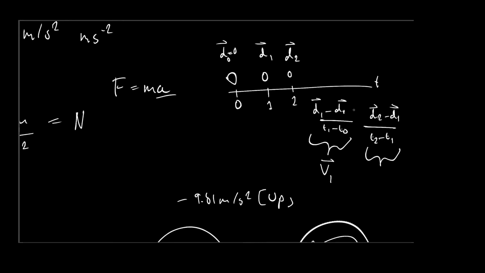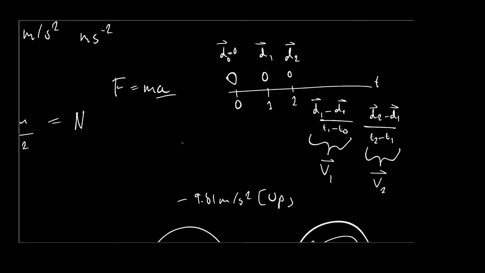And then this will also give us another velocity. We can call that v2. Because this object is accelerating, we know that v2 and v1 are not going to equal one another.